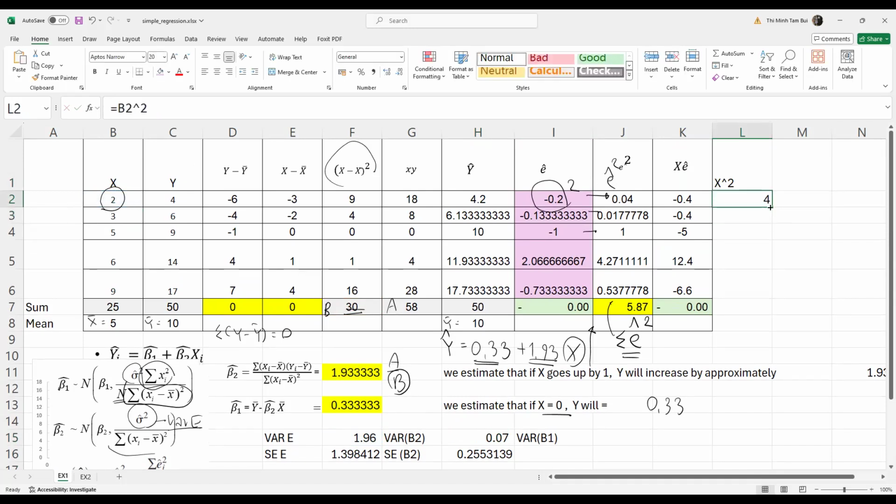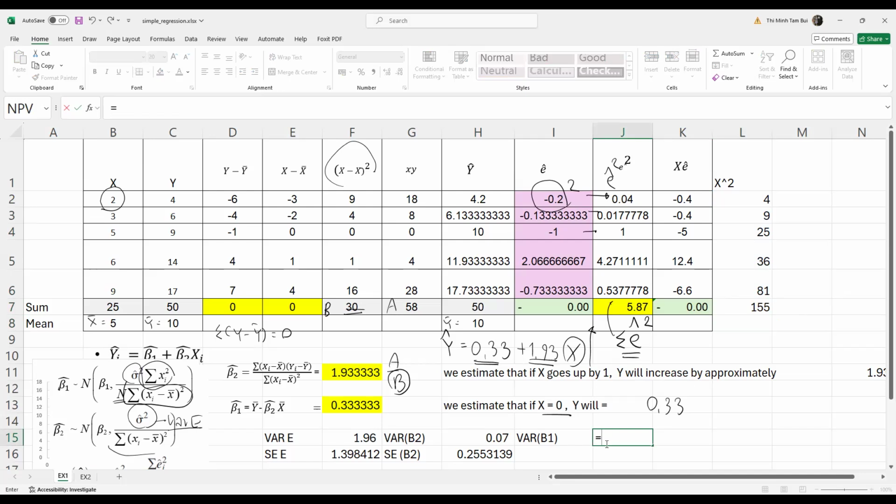And then do the same, and then sum it. Very good. So you finally can calculate the variance.